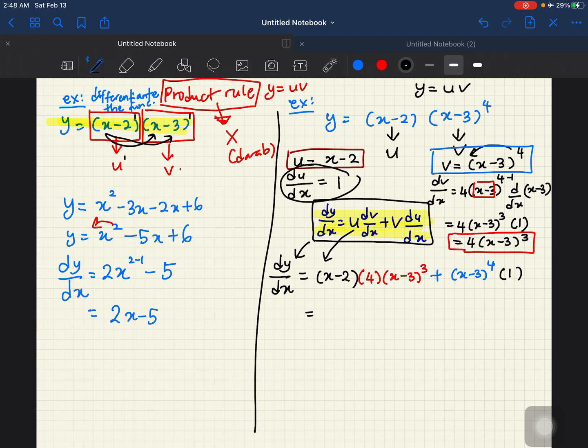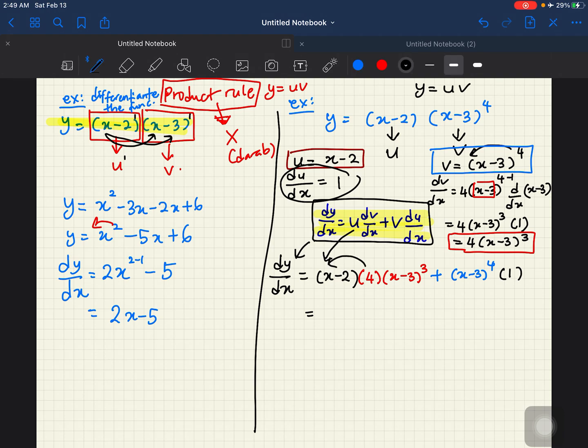So for this one, you got 3 brackets: first bracket, second bracket, and third bracket. Can you multiply 4 with x minus 3 to the power of 3? You cannot multiply this with this because you have a bigger power here. So what you do is you take 4 and you multiply with the other one, so it will be easier.